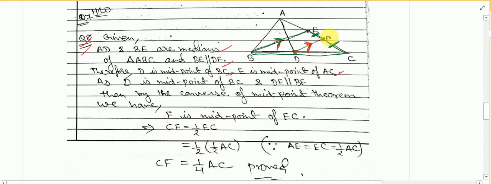Since F is the midpoint of EC, therefore CF will be nothing but half of EC. But you can see that as E is the midpoint of AC, therefore this EC is nothing but half of AC. So in place of EC I can write half of AC. Now we simplify and you are getting CF equal to 1 by 4 AC.